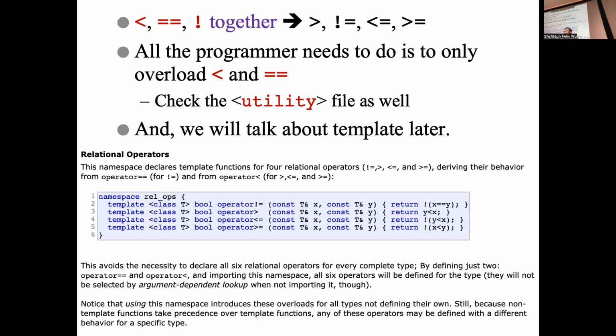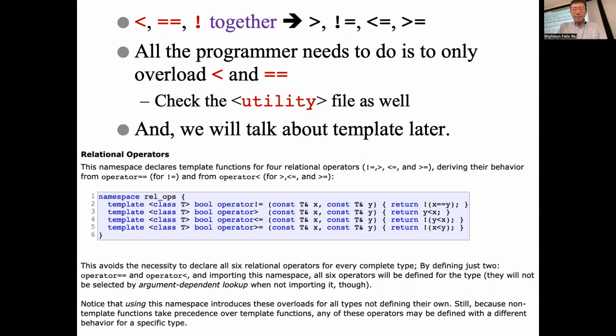Otherwise, you will make your code very unreadable because people will interpret the operator differently. For example, when I say person A is greater than person B, I thought it should be for blood pressure, but it's actually for something else.